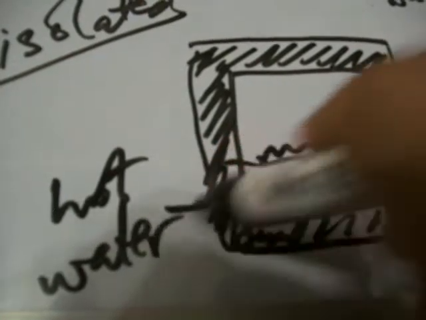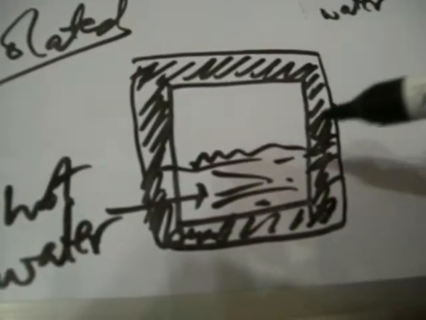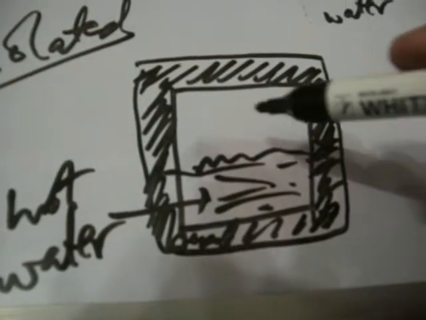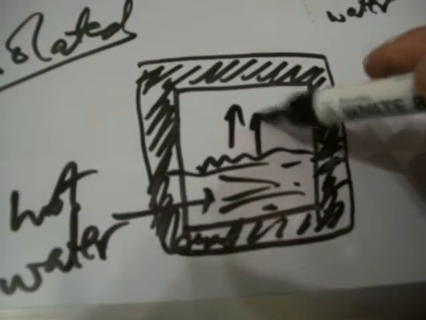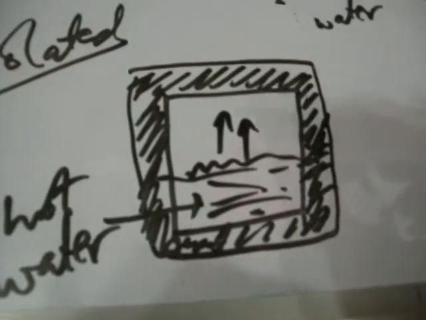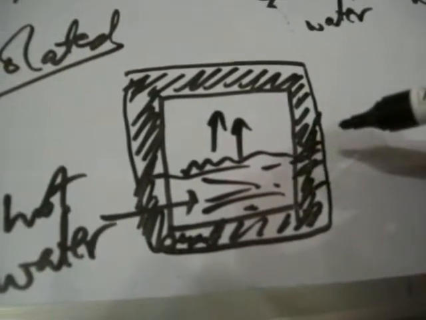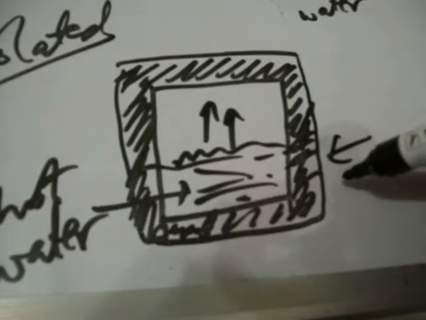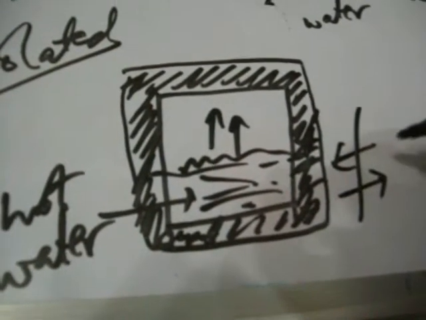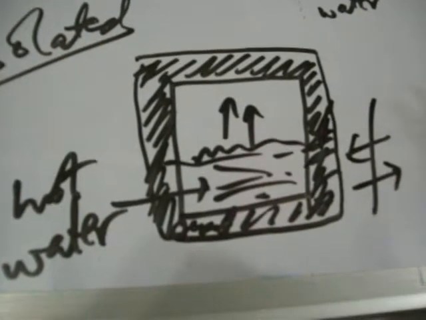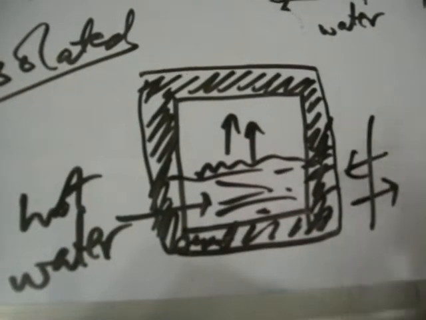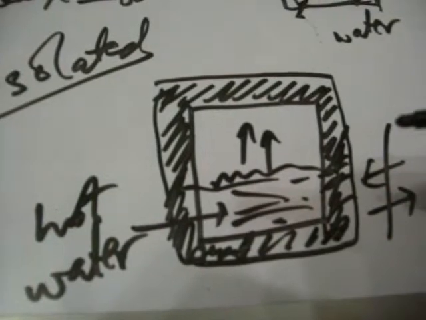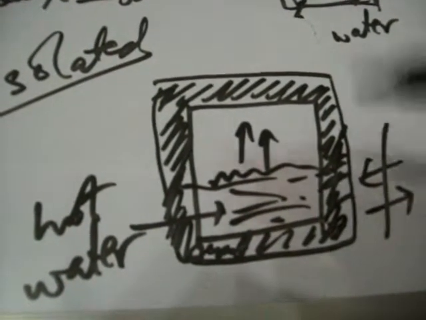Let's say this time there is hot water here. It will again evaporate, but it won't exchange with the surroundings. And the other thing is that it won't take in heat from outside, neither will heat go outside. Neither will heat come in nor will it go out. It will always be the way it has always been. It will be constant.